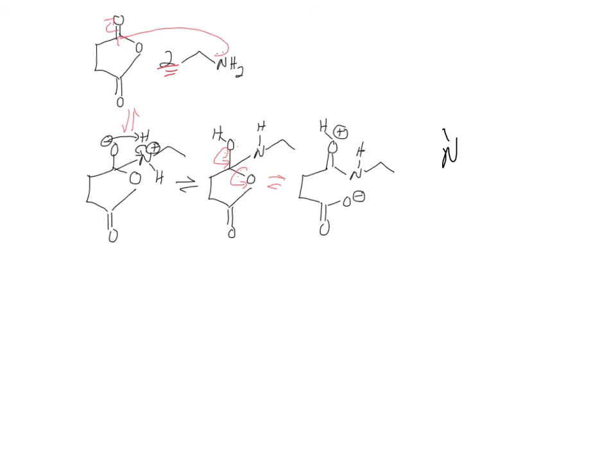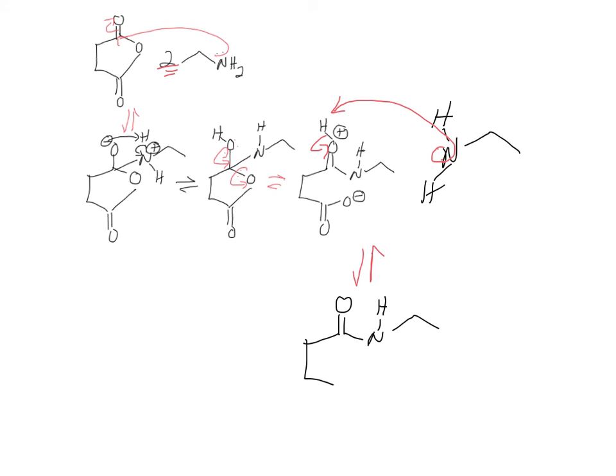The other amine is going to come swooping in and take that H. So then what are we going to end up with? What's our final product going to look like? We're going to have made the amide. Yippee. We have the carboxylate, and then we have the protonated amine.